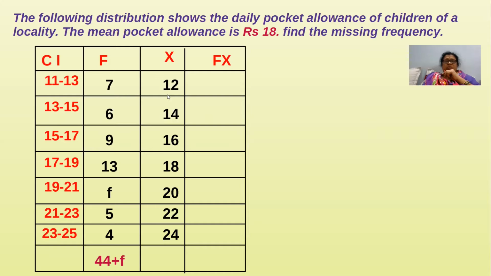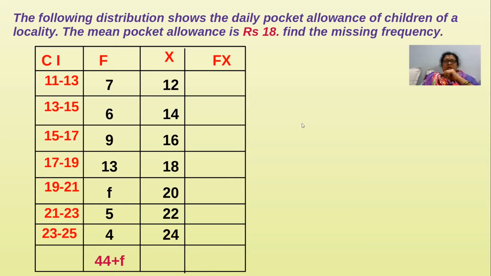Then for every value, we will add the length of a class to get the succeeding one. Here in this problem, the length of a class is 2. So we will add 2 to 12, we'll get 14. Again plus 2, 16. Like this, we will put the mid values of the class interval.